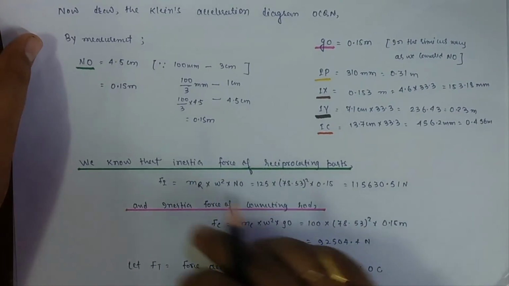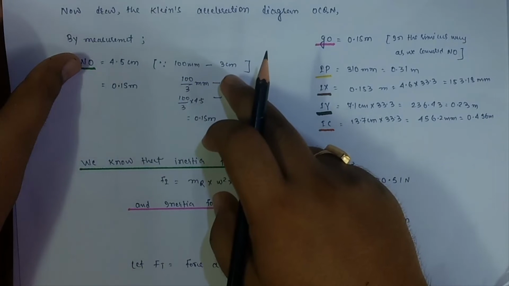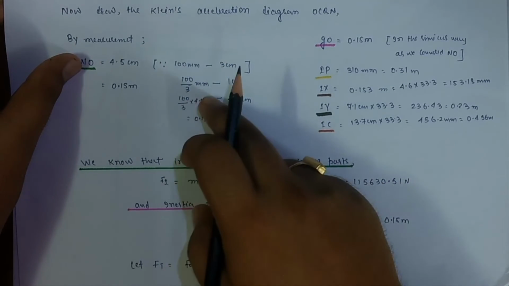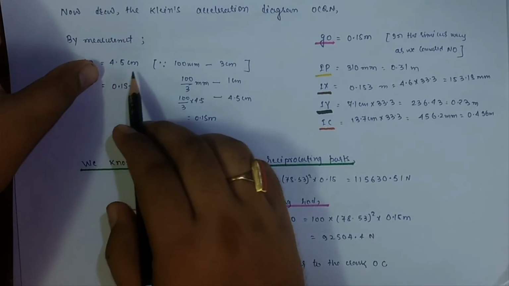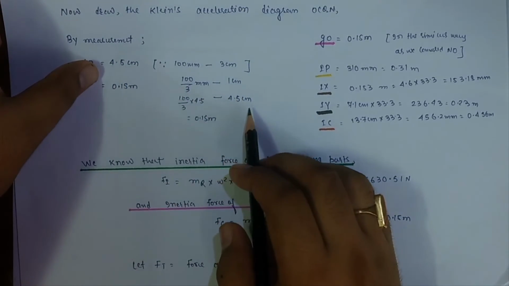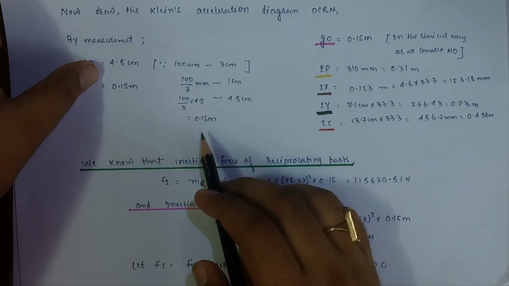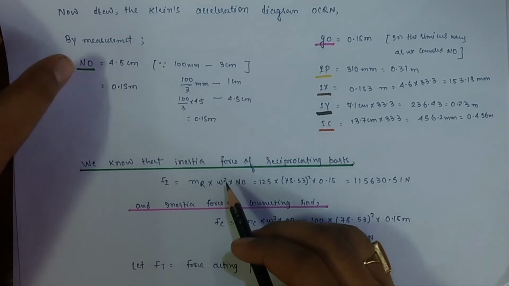So NO is coming out to be 4.5, that is 100 mm is 3 centimeter we have taken. So 1 centimeter is 100 by 3 mm. So for 4.5 centimeter, this we have just now measured, it will come out to be 100 by 3 into 4.5, that is 150 mm. So in meter it is 0.15 meter.